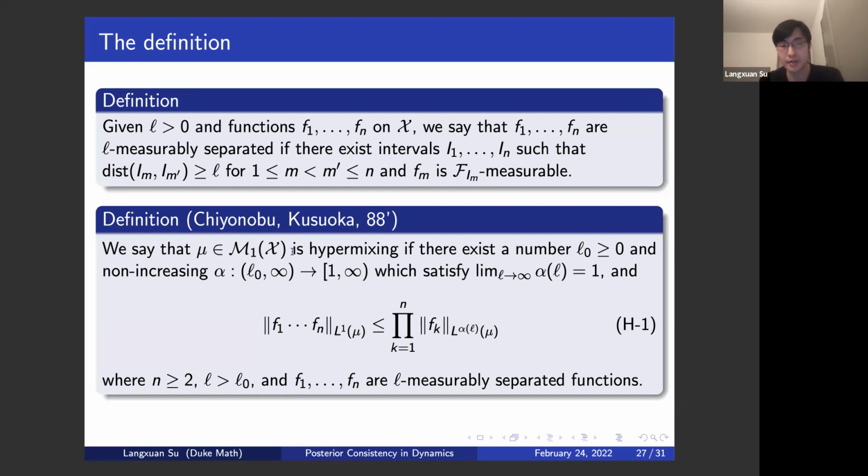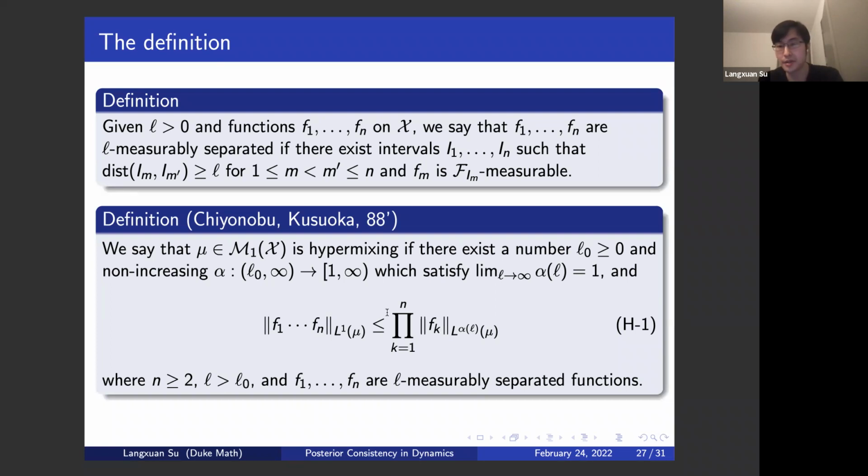If the measure is independent, like IID processes, then this is just equal to the product of the L1 norms of these functions. But it's hypermixing, so it's not exactly independent, but it still mixes a little bit, which we can describe by this inequality.